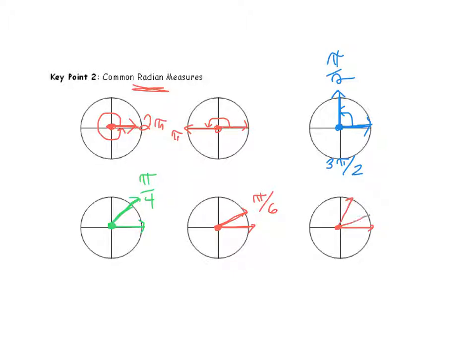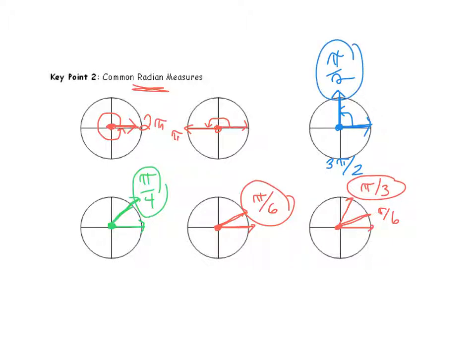So if this was 1 pi over 6, this guy up here was 2 pi over 6, but we didn't write it like that. Pi over 3, nice job. So that was that last family. So we have our pi over 3's, our pi over 6's, our pi over 4's, our pi over 2's, and lastly we have our whole pi's, 1 pi and 2 pi. So those are our very common radian measures, the most famous ones.